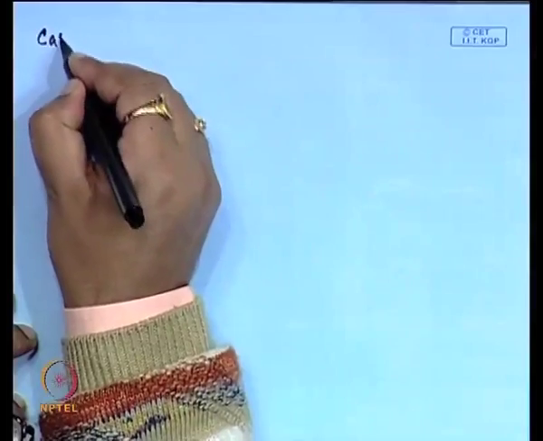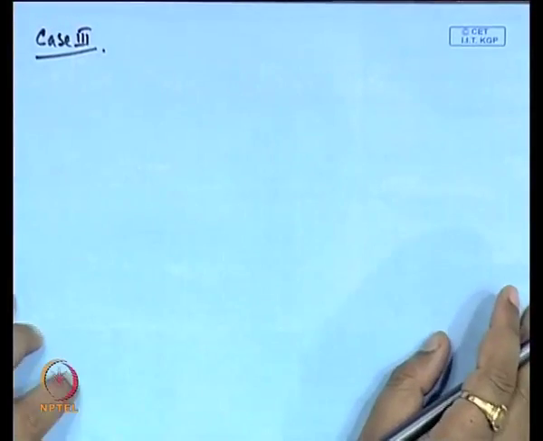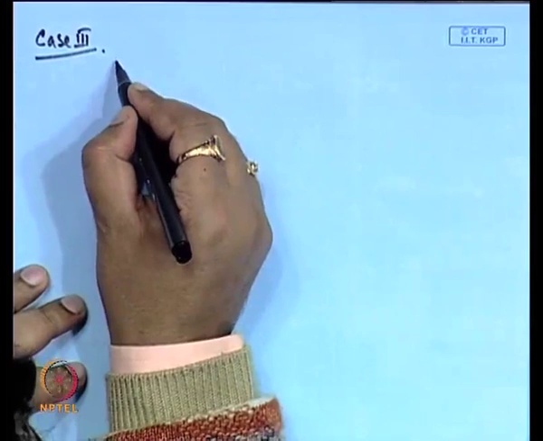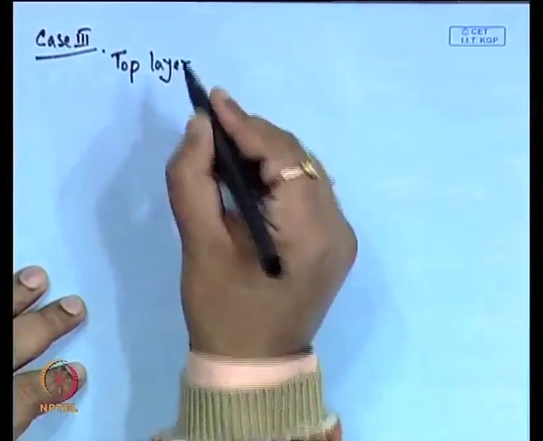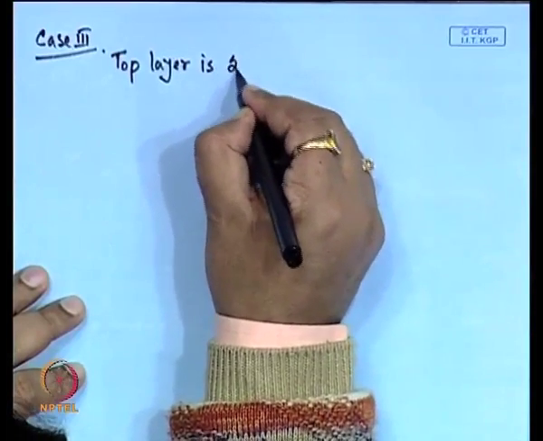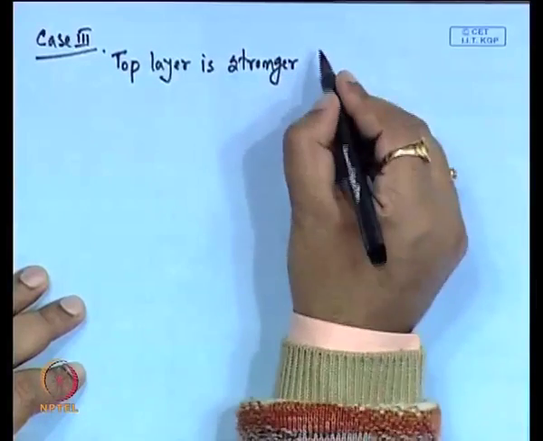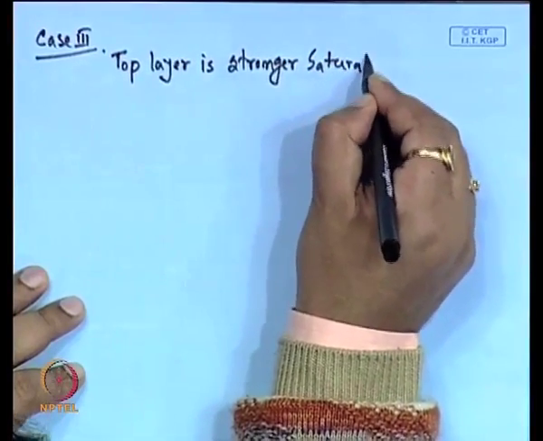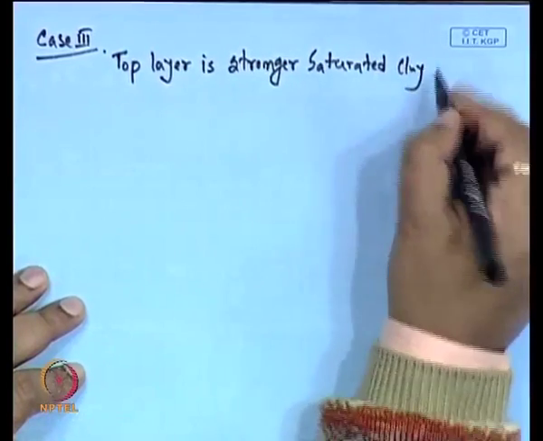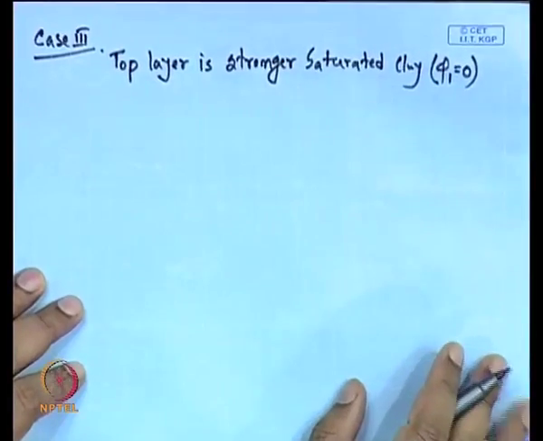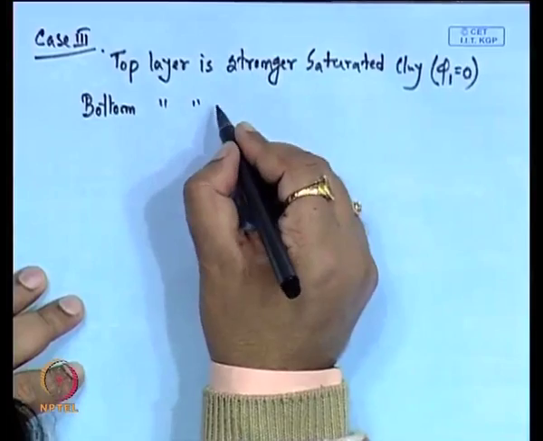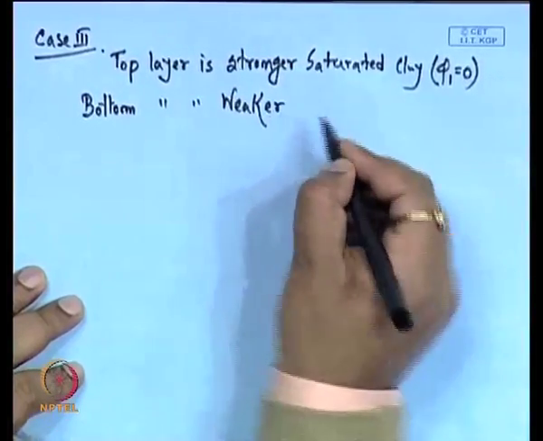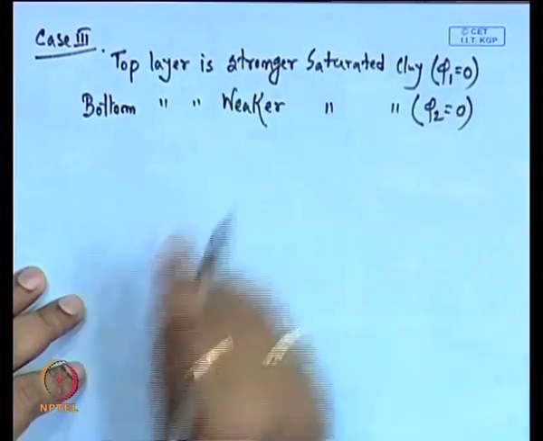Now, the third case, that is case 3. In the third case, the condition is the top layer is stronger saturated clay, that means phi 1 is 0, and the bottom layer is weaker saturated clay, that means phi 2 is also 0.